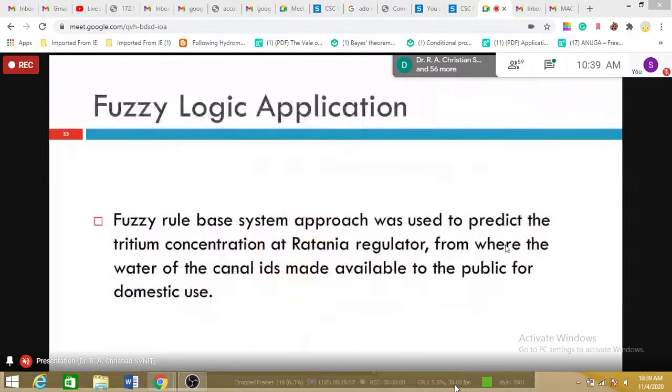So we use this fuzzy rule-based approach to predict the tritium concentration at Ratania regulator, from where the water is available to the public for domestic use. That's a very important concern for the authorities, to see that the concentration should always be under the limit, because it's a radioactive element.